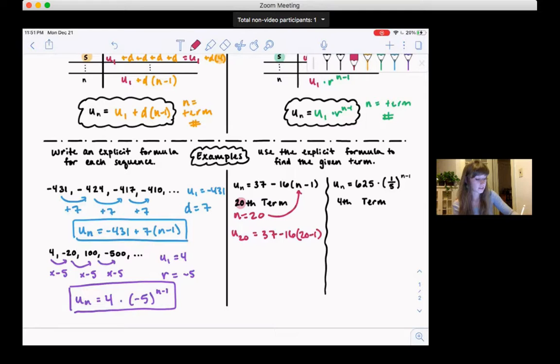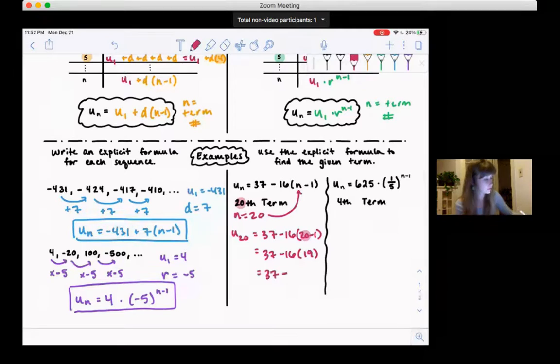And then we just need to simplify that to get a number. So we do parentheses first. So we get 37 minus 16 times 20 minus 1 is 19. Now let's do negative 16 times 19. So we get 37 minus 16 times 19 is negative 304.